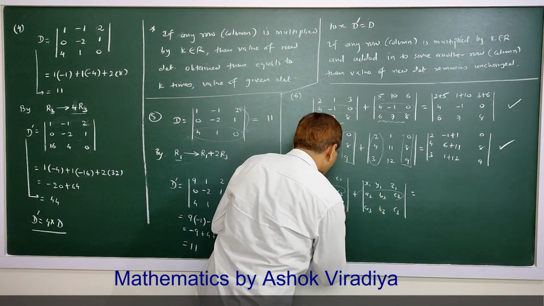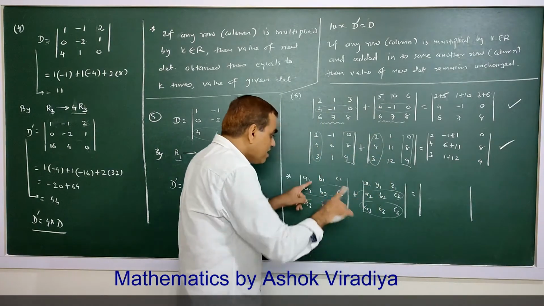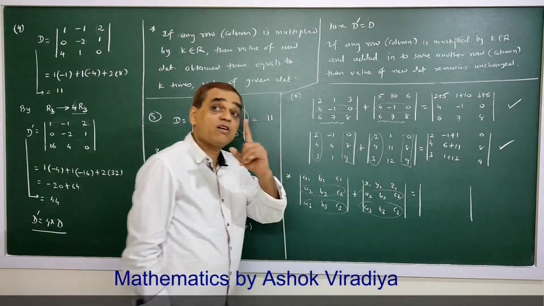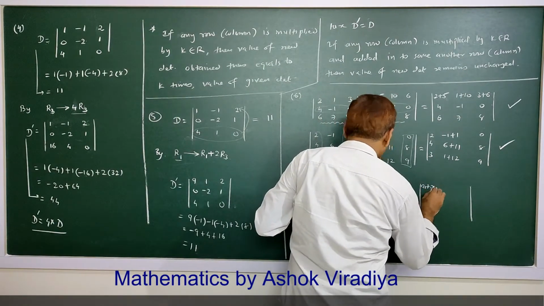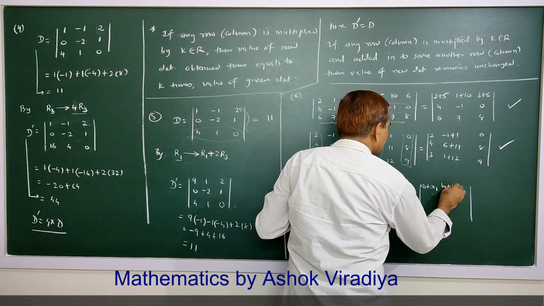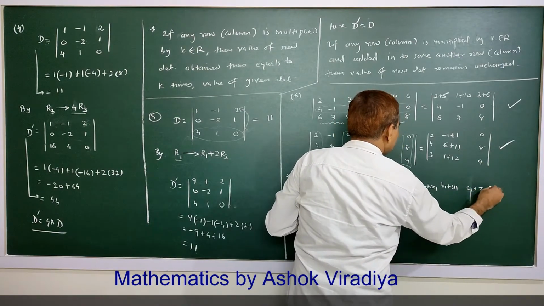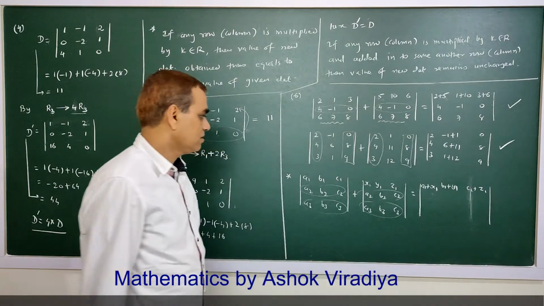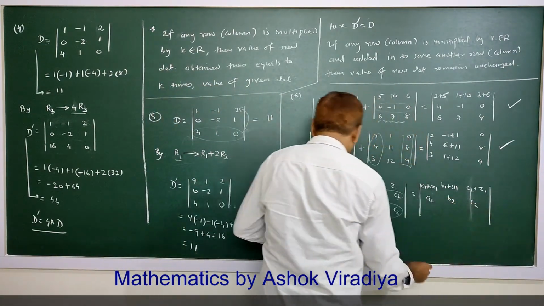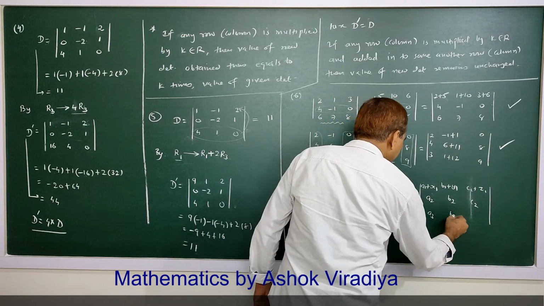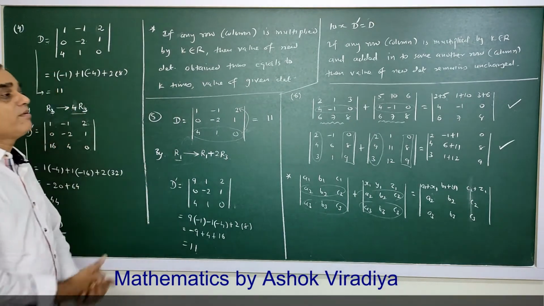So equal rows we keep as they are. We add elements of the first row only. So A1 plus X1, B1 plus Y1 and C1 plus Z1. A2 B2 C2 keep as it is. A3 B3 C3 we keep as it is. So this is the rule for addition of determinants.